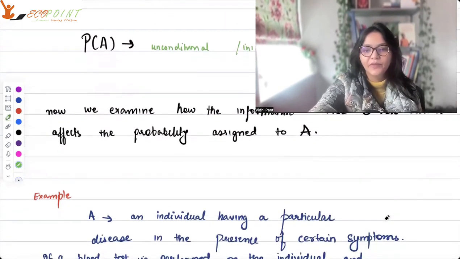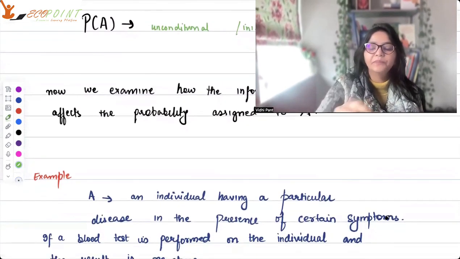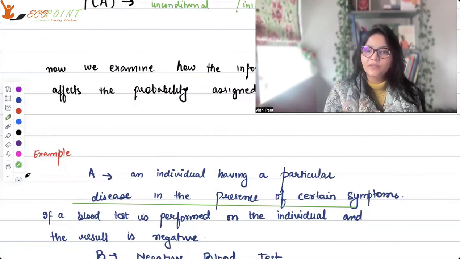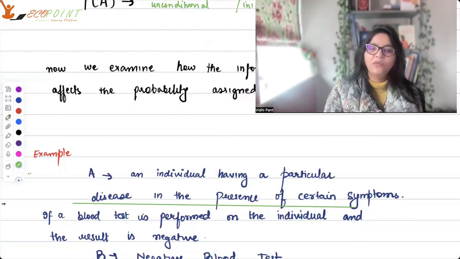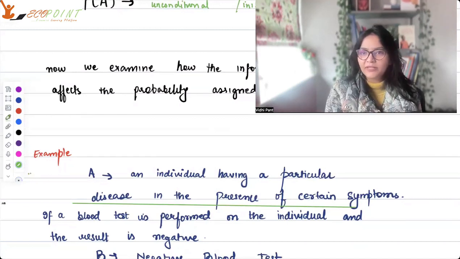For example, let's take a simple example here. Suppose A is an event that an individual has a particular disease in the presence of certain symptoms. And now, because we are talking about disease, we take a blood test.